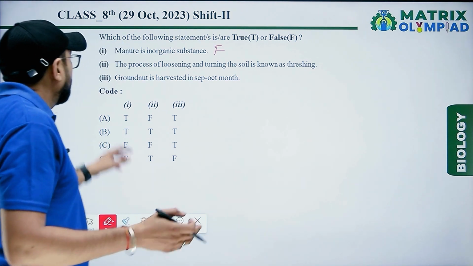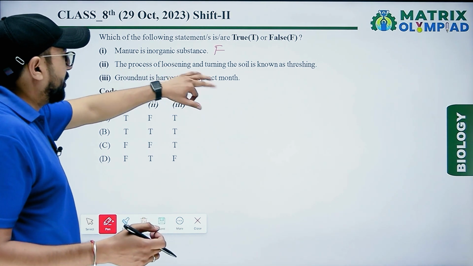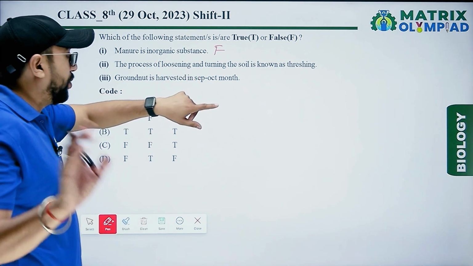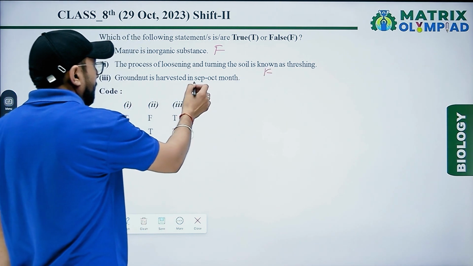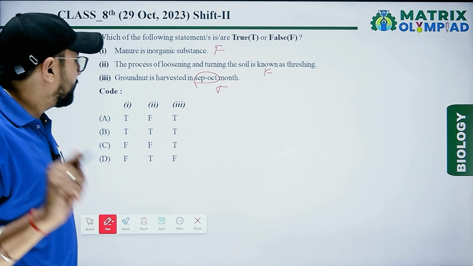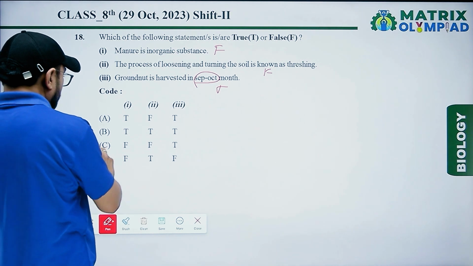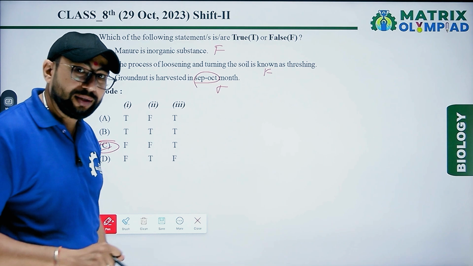According to the question, first is a false statement. Second, loosening and turning the soil, that is threshing. No, that is false. And next one, groundnut is harvested in September and October month. That is right. So the answer is false, false, true. False, false, true is option number 3. Option 3 is the right answer for this.